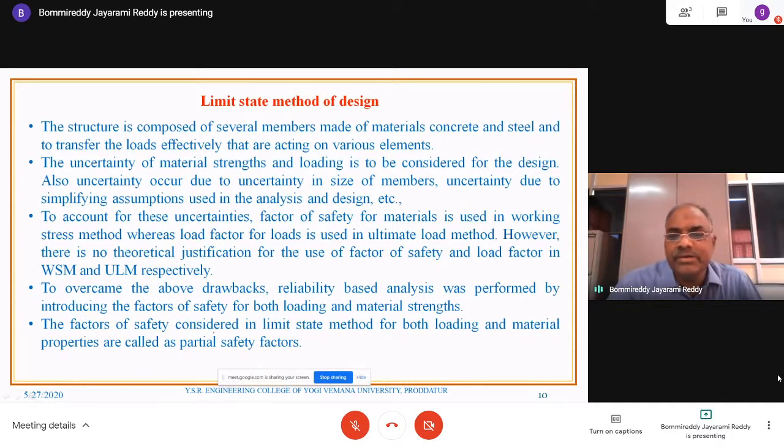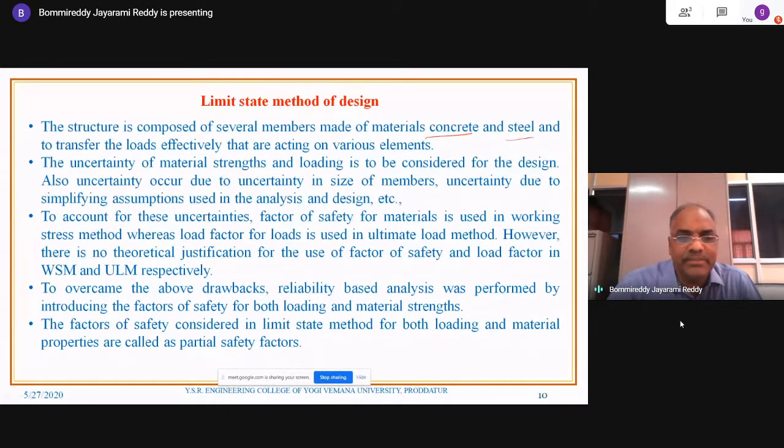The materials used for any structure have uncertainty. Because of uncertainty in both material strengths and loading, we need to impose a factor of safety effectively, so that the structure is safe and serves its purpose.